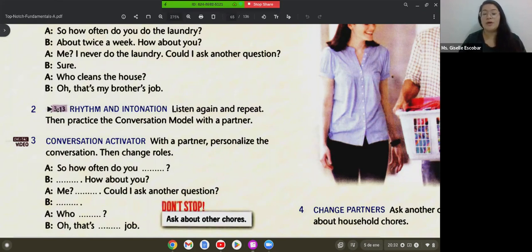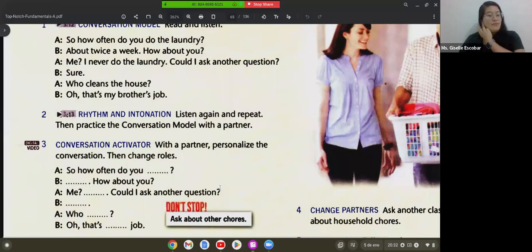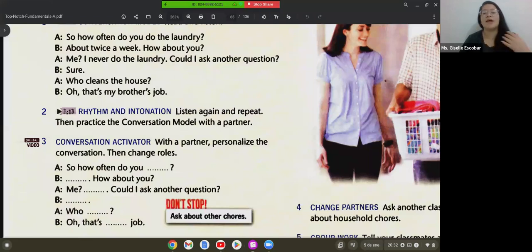Who washes the dishes? Oh, that's my job. Oh, that's my son's job. Oh, that's my wife's job. ¿Sí? Entonces, no es necesario que respondamos parecido. Nos está dando la opción de personalizar más la conversación con cosas que nosotros querramos decir o preguntar.